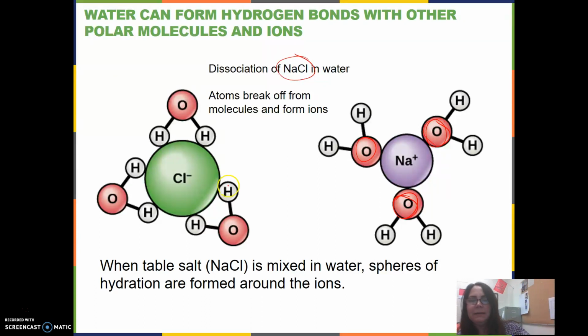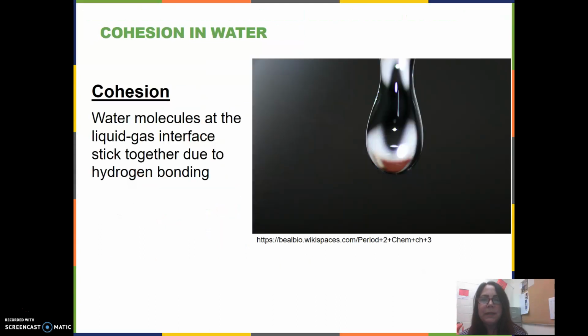And the chloride ions have that same sphere, but since they're negative, they're attracted to the positive hydrogen end of the water molecules. So again, water surrounds the chloride ion, forms a sphere of hydration around the chloride ion in the same way it does around the sodium, except that the molecule flips around.